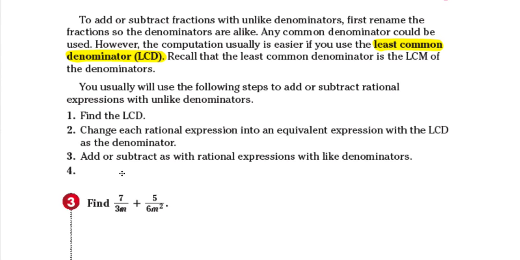This is from the last lesson. Number four, simplify if necessary. So basically, this is what we're trying to do. Let's say you want to add 3 over 5 plus, let's say, 4 over 20.